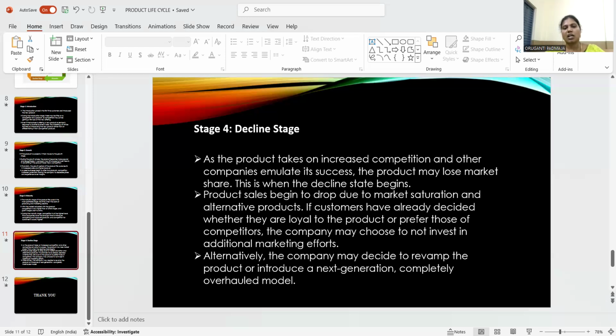Alternatively, the company may decide to revamp the product or introduce a next generation, completely overhauled model.